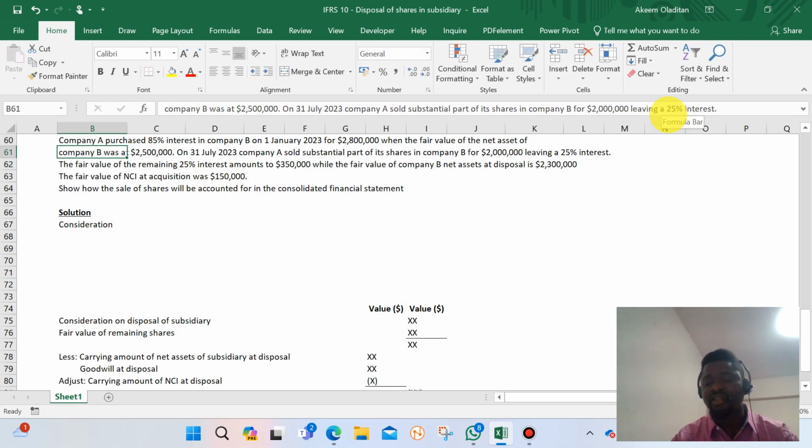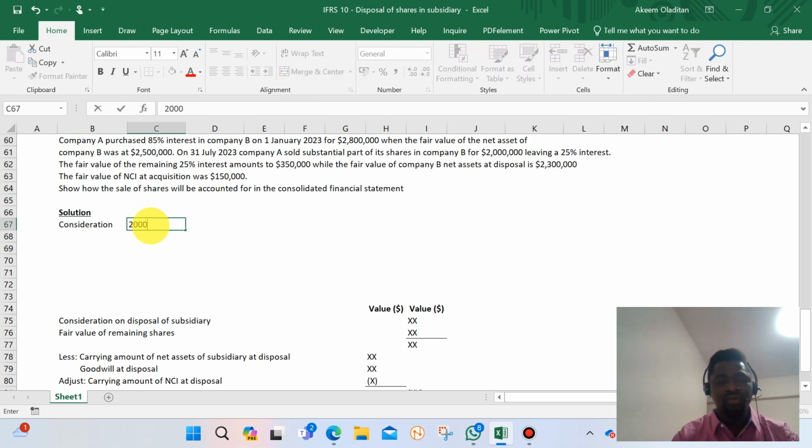So the remaining interest is 25%, which means it's an associate. So the consideration that was given is $2 million.